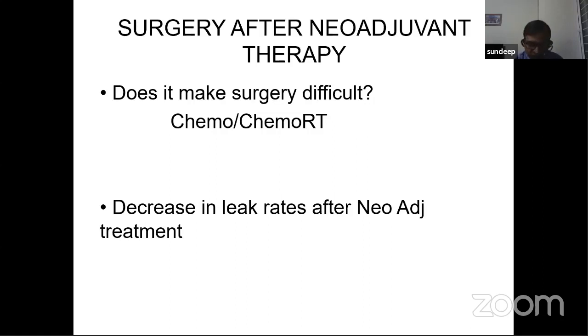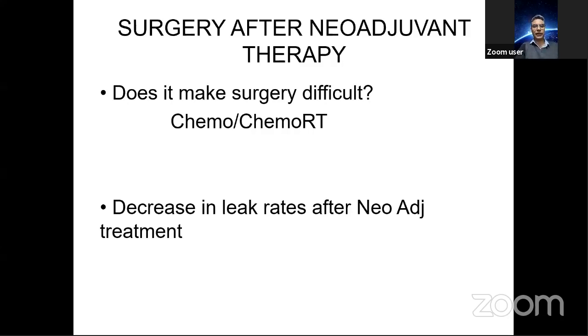What did you ask? The other thing you have asked, I think. No, that was the main issue: whether the leak rates and other complications are reduced after neoadjuvant therapy, or do they increase, or is it a function of the disease per se, or of the neoadjuvant therapy? So it's just a matter of speculation, I think.